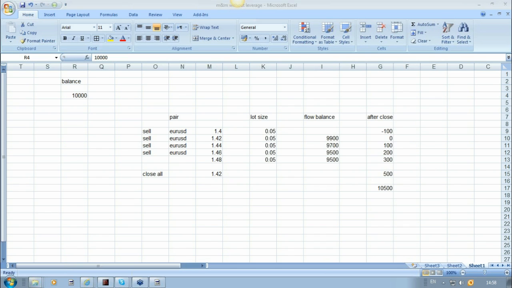Okay. Swap is interest rate. How to avoid swap? If you take a pair like New Zealand dollar against the yen, okay? For New Zealand dollar, it's about 4% interest rate. For yen it is 0.10. The difference is 3.9. If you buy New Zealand dollar yen, you earn money from the difference of the swap.